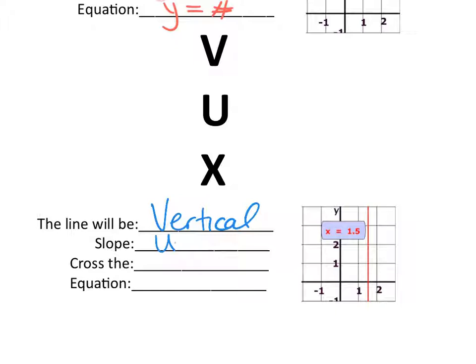Undefined. That's what the U stands for. Undefined slope. And since VUX ends in an X, which axis is this line going to cross? And guess what its equation starts with? It's just x equals some number, which means that all of the information for VUX lines is contained in the word VUX.